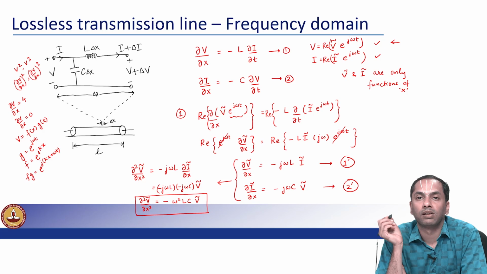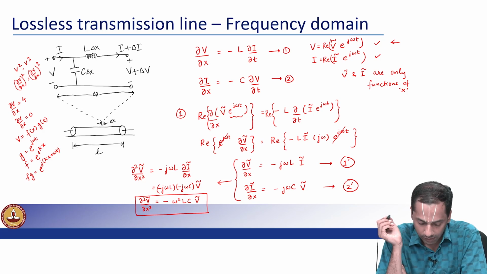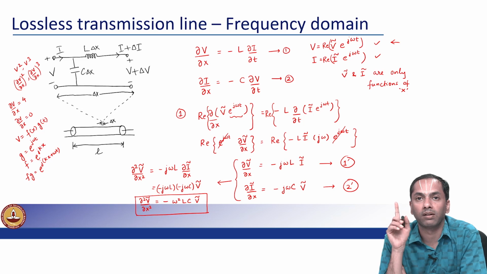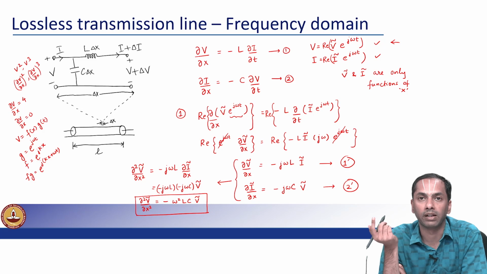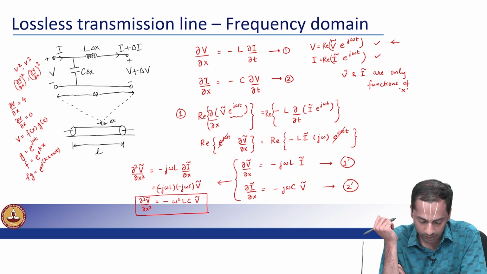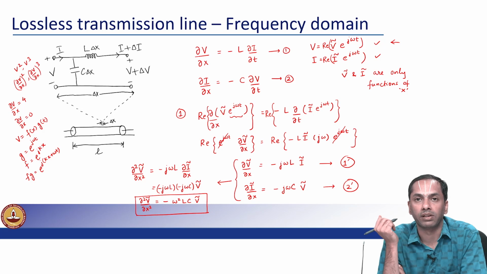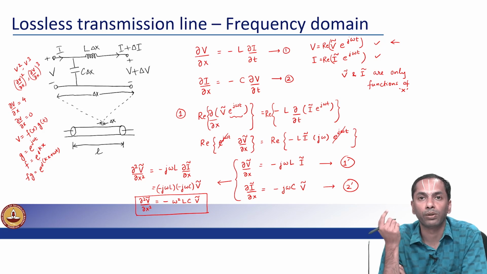Okay, so we have a second order equation, but we only have one variable V tilde instead of both V tilde and I tilde. We have basically eliminated I tilde from the two equations, and we end up with a second order differential equation, which should remind you of a harmonic oscillator, right.